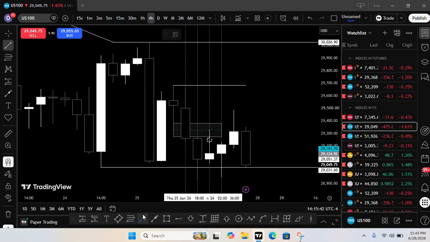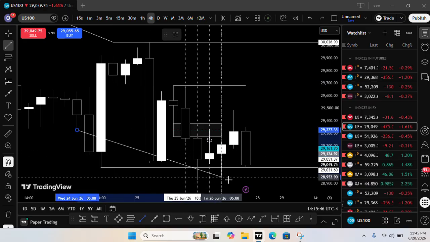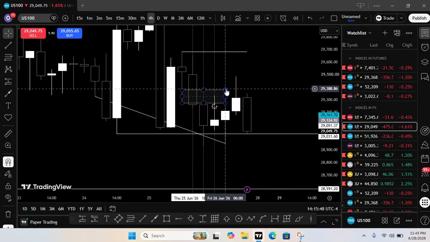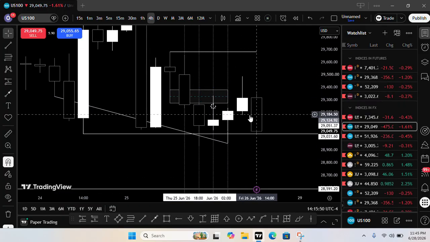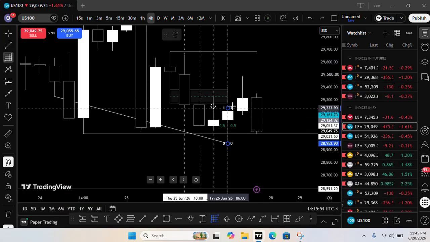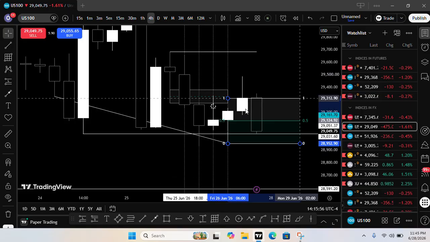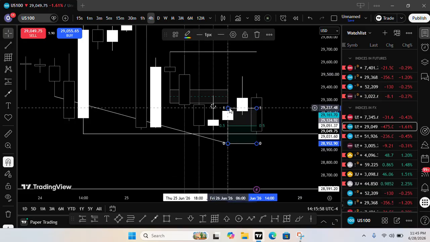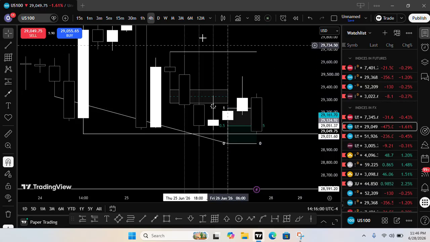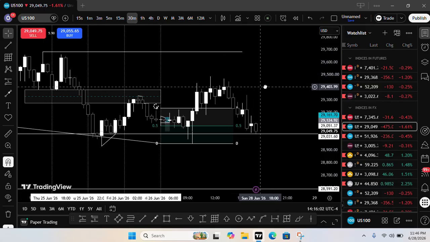See here, a turtle soup closes as a bullish. We just wanted to wait for these candles' bodies to get taps in.